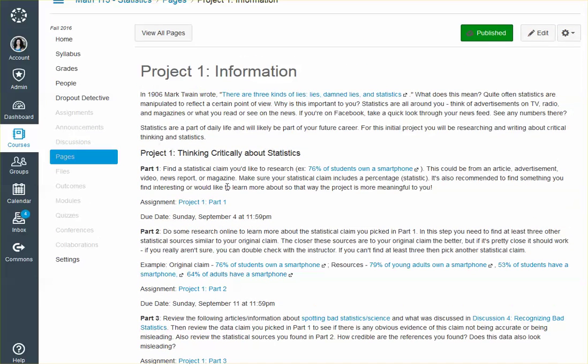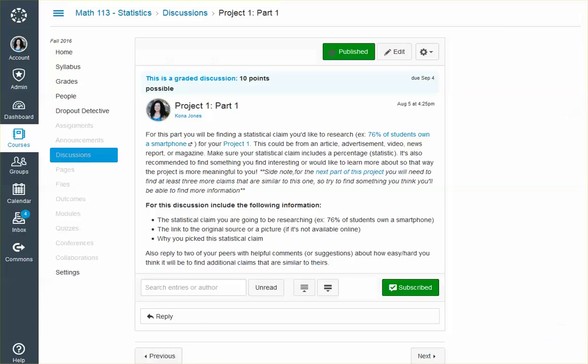For the first part, the only thing you need to do is find a statistical claim you'd like to research. This could be from an article, advertisement, video, and so on. Make sure your statistical claim includes a percentage, and all the actual full information is back over here. You need to find at least 3 more claims that are similar.